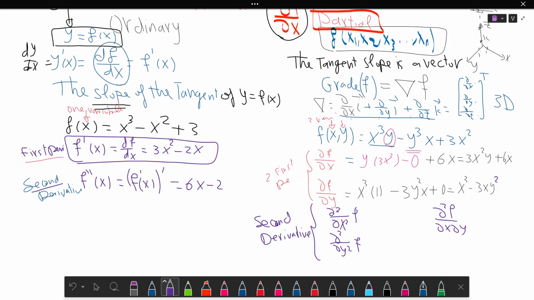It is the same if you differentiate with respect to y first and then with respect to x, right? It doesn't matter whether you start with x or y. It will be the same.